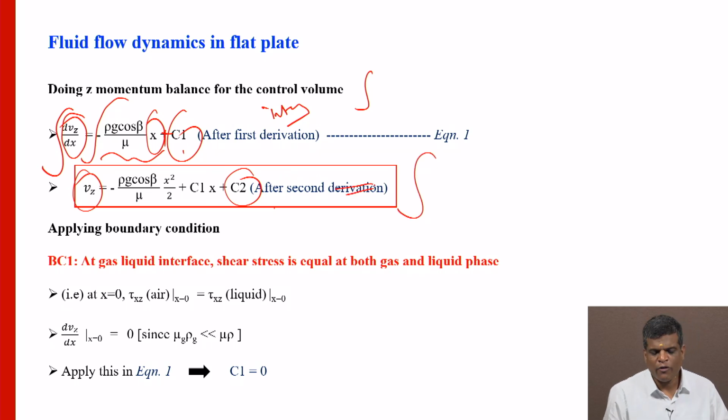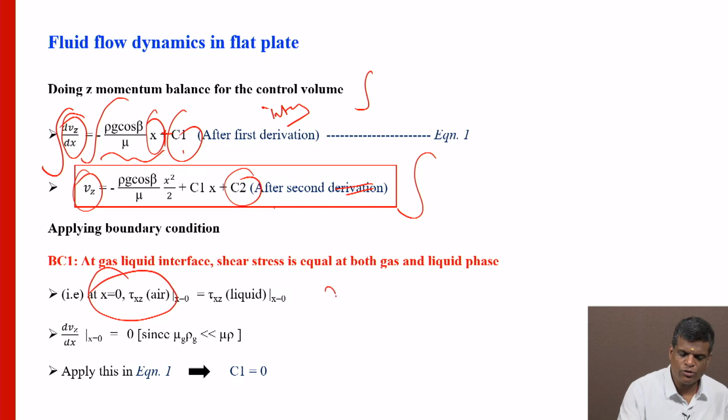Now you have to apply the boundary conditions. There are different kinds of boundary conditions, like complex boundary conditions, mixed boundary conditions, or very simple boundary conditions, but here we are only discussing very simple problems. For the simple boundary condition, when x equal to 0, tau x z is equal to 0.